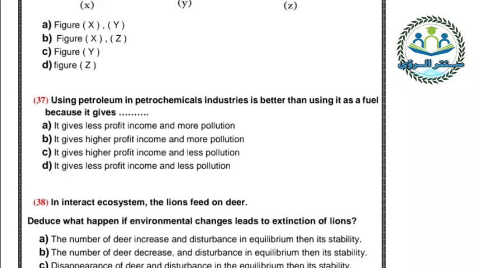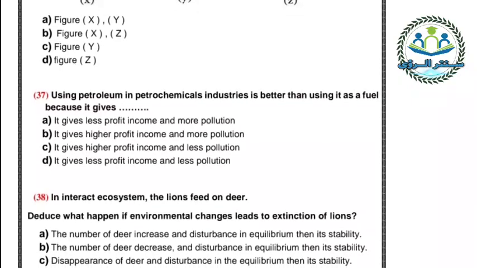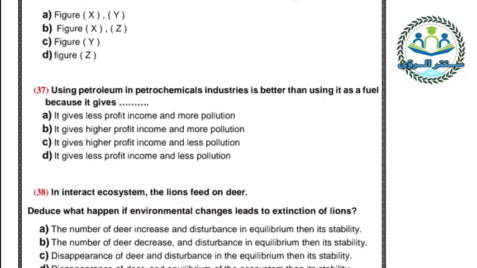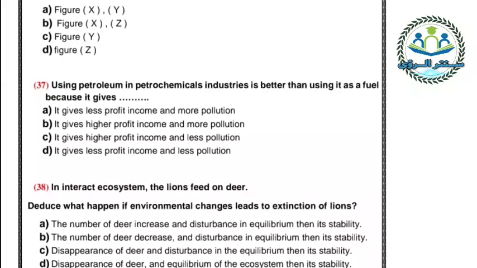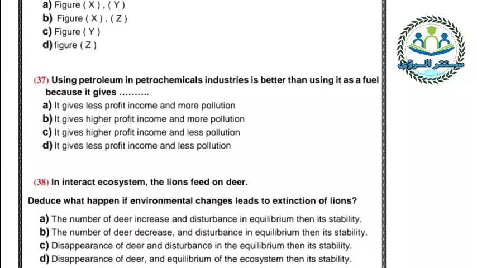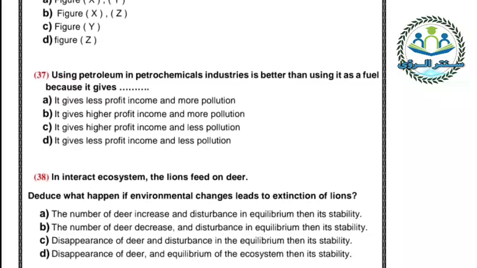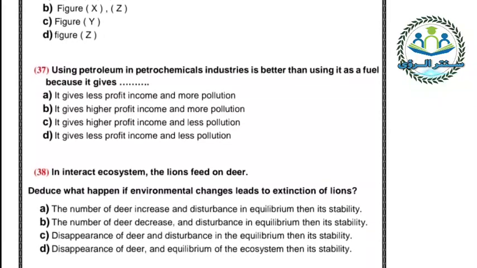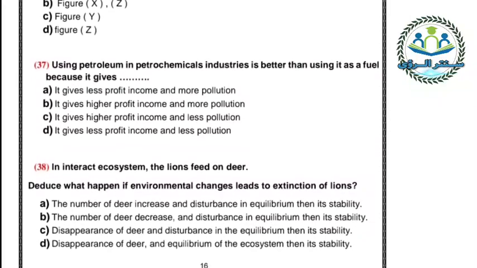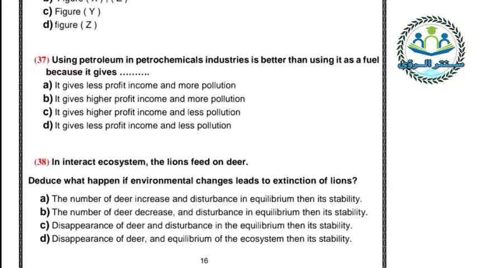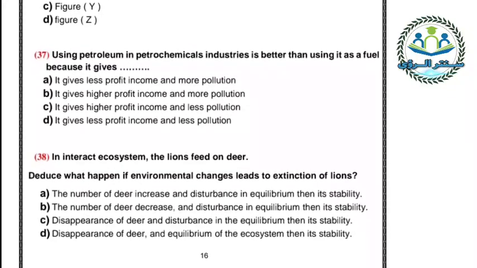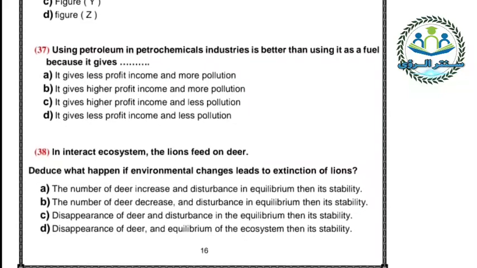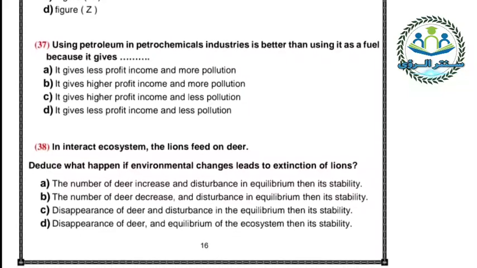B. The number of deer decrease and disturbance in equilibrium, then its stability. C. Disappearance of deer and disturbance in the equilibrium, then its stability. D. Disappearance of deer and equilibrium of the ecosystem, then its stability.